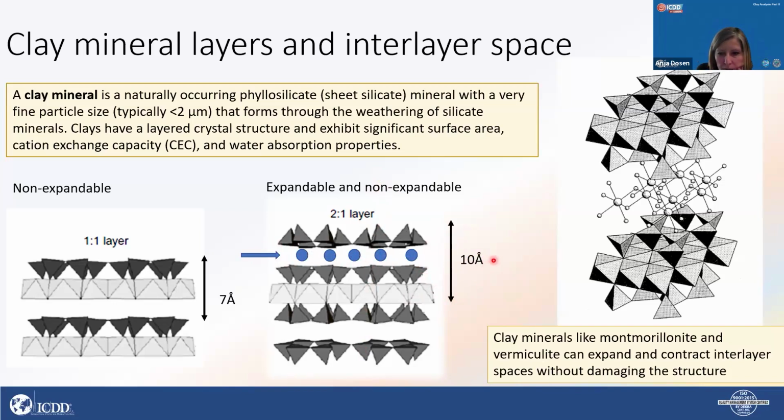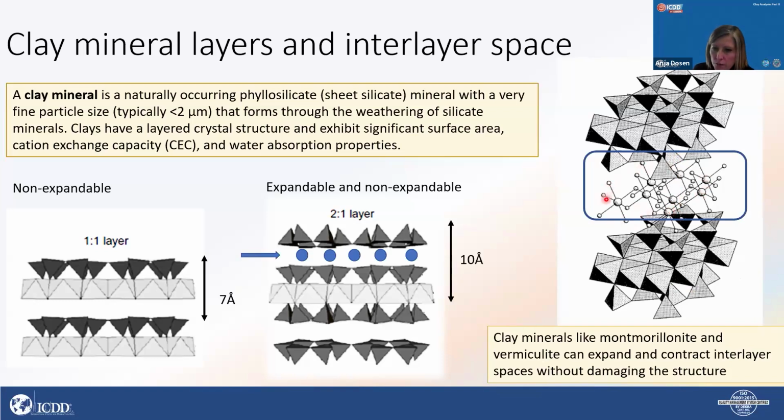And then we have here an expandable clay. Montmorillonite is a very expandable clay, or clay that swells. Vermiculite is expandable as well. What that involves is the ability of these layers to expand and contract when there is water or some polar organic molecule present.